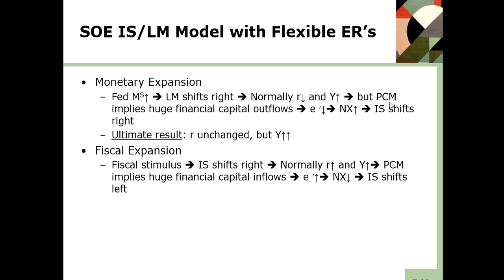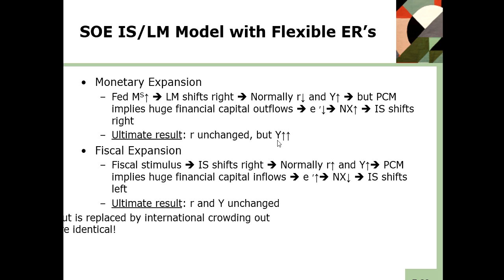Normally the interest rate decreases and income increases, but perfect capital mobility implies huge financial capital outflows, and the nominal exchange rate decreases, net exports increase. So the IS curve shifts to the right. Consequently, the interest rate is unchanged, but income increases.